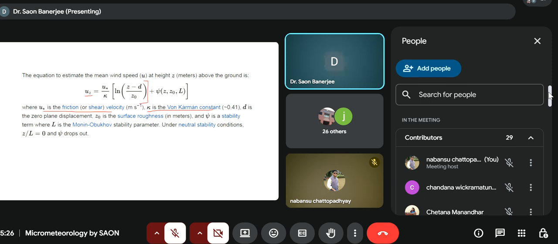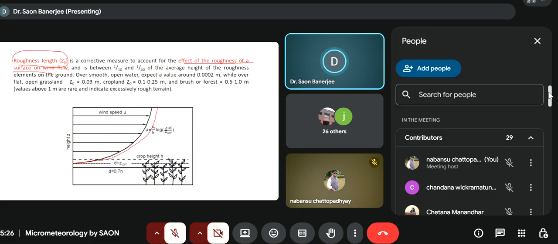Z means the height at which we are measuring. For example, if it is 2, then we are taking wind speed at 2 meter height.